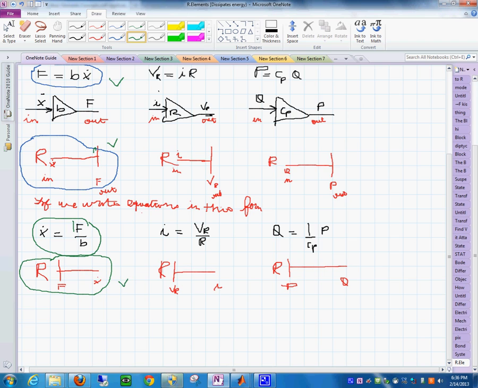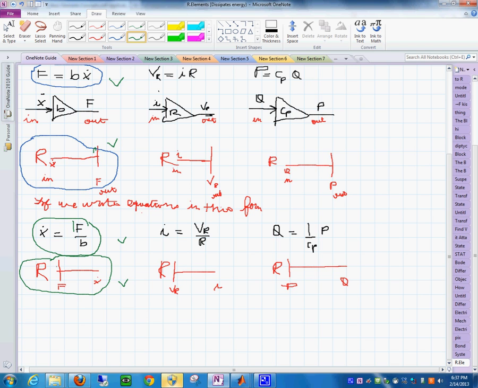Whenever you have this one, this is the equation that belongs to this. Or vice versa. If you have the equation, it must be that way. So the conclusion of what I'm trying to tell you about the R element is that you have the ability to express the laws of this element in two different ways, depending on which of the variables you have as an output.